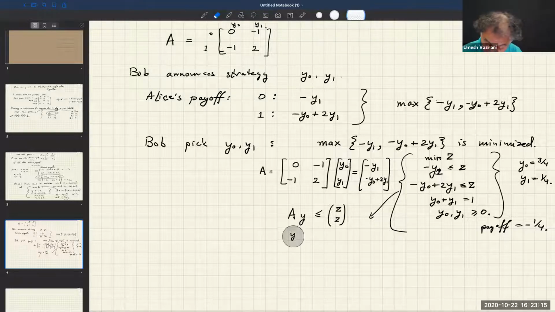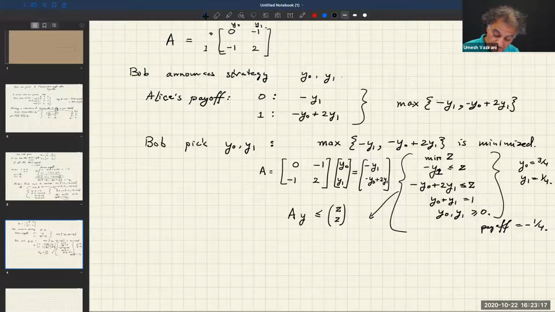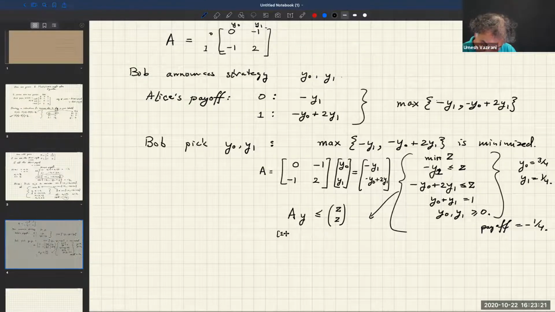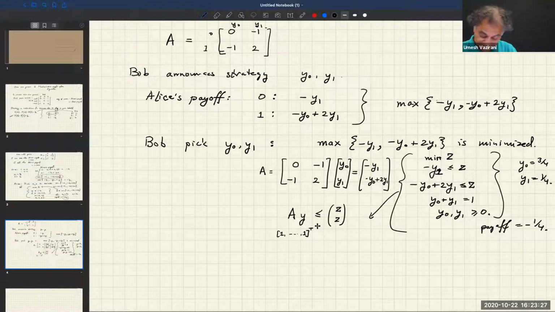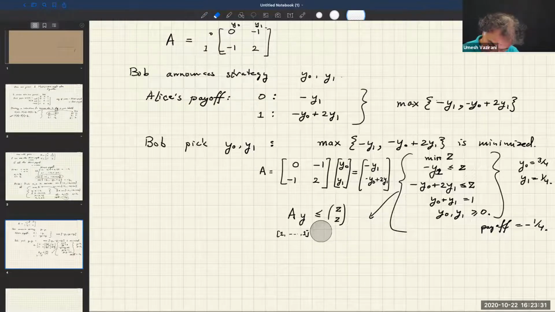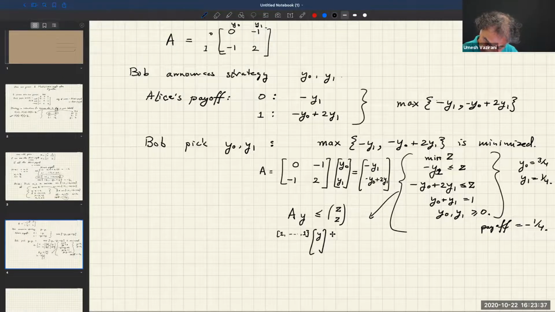If you want, you can put this whole thing in matrix notation by just saying the all ones vector, written as a row vector, times Y is equal to 1.